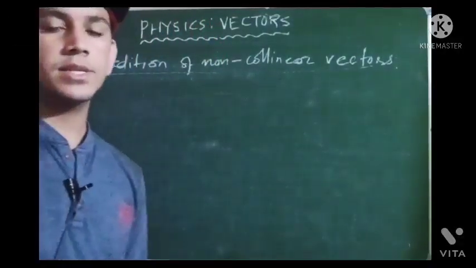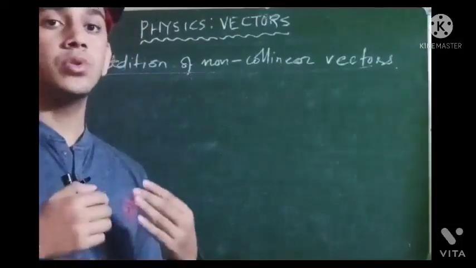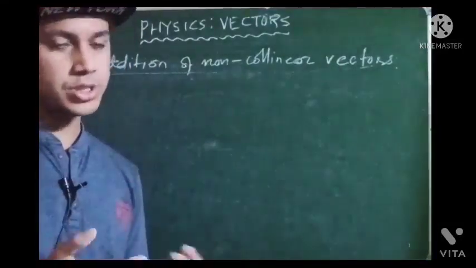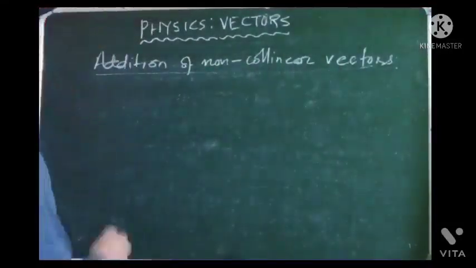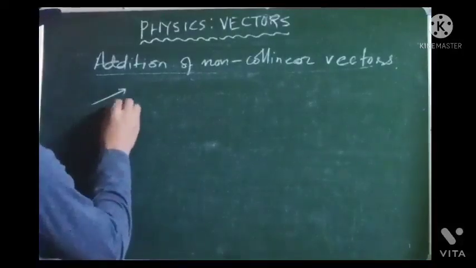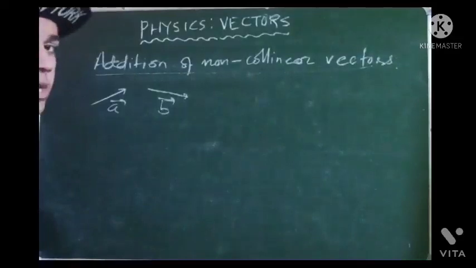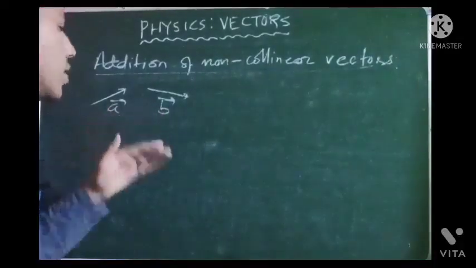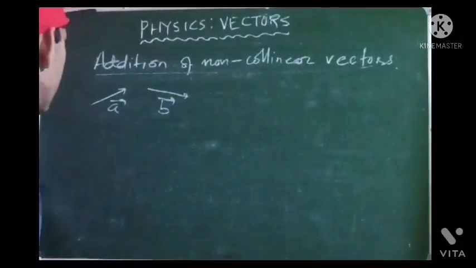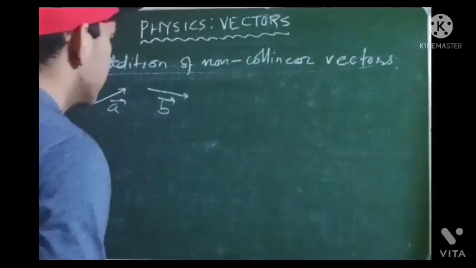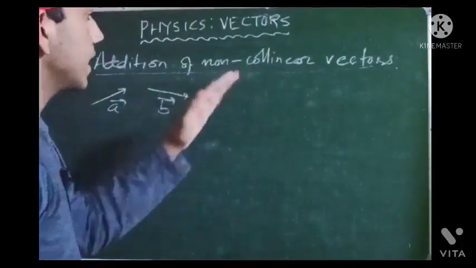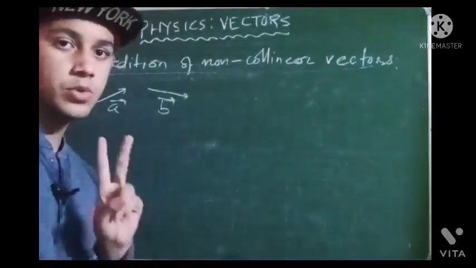Non-collinear vectors means the vectors which do not have either the same direction or opposite direction. That means, suppose let us take this as A vector and this vector is B vector. Then these two vectors are non-collinear because these are not in same direction or in opposite direction. Now, for finding the addition of non-collinear vectors, we have two laws.